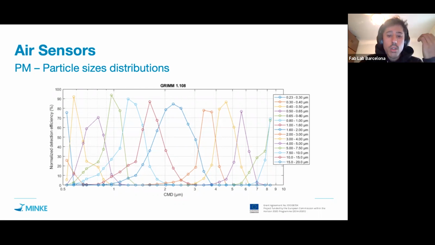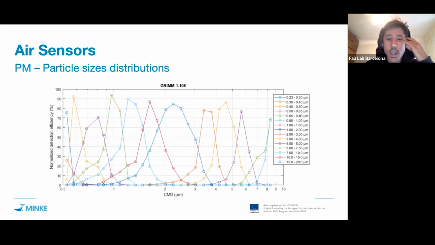To understand this, we first talk about the fact that the different particles in the air, of course, have different sizes, and that we are trying to evaluate and count each of the sizes with one single sensor. Professional or more advanced sensors are able to perform very well by counting those particles at all the different sizes.